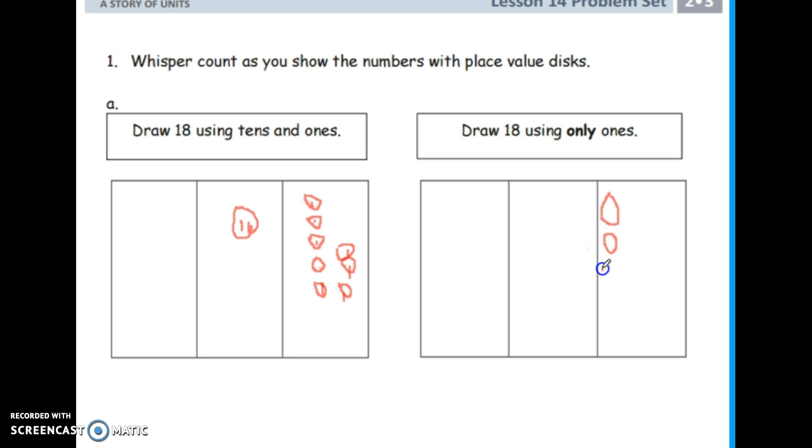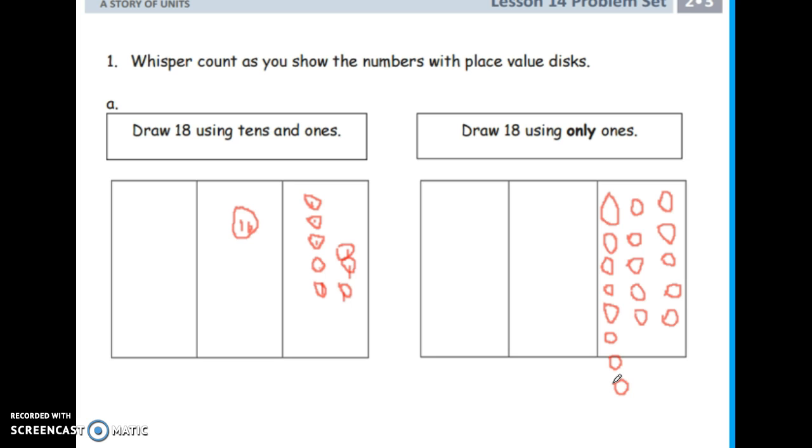That's 1, 2, 3, 4, 5, 6, 7, 8, 9, 10, 11, 12, 13, 14, 15, 16, 17, and 18. I'm going to just go a little bit off that paper, and that's okay.